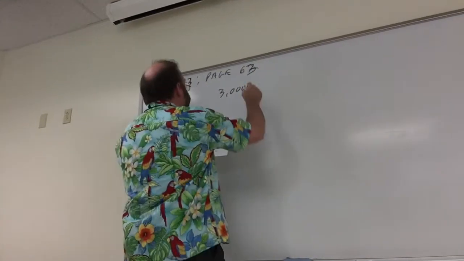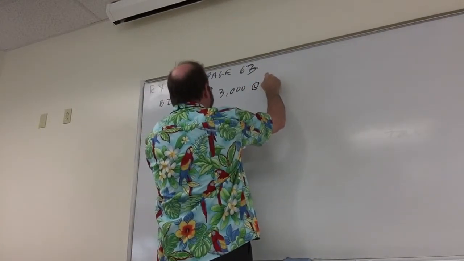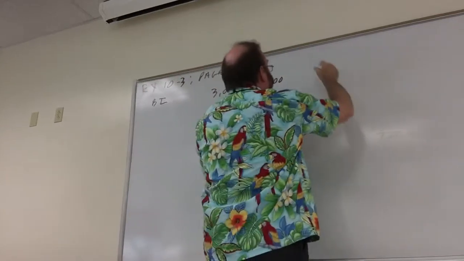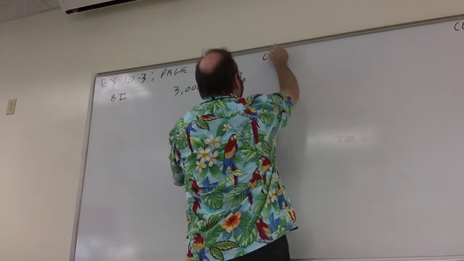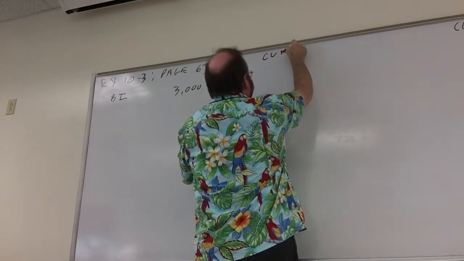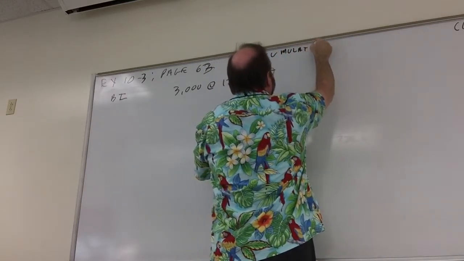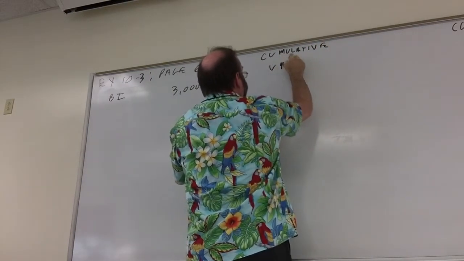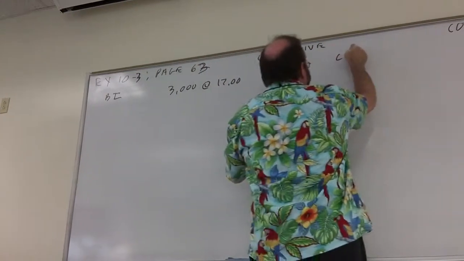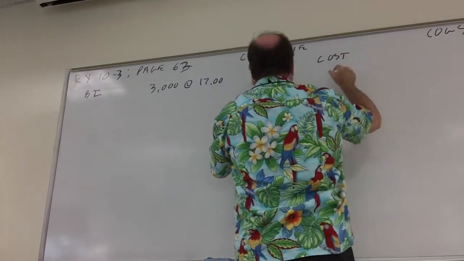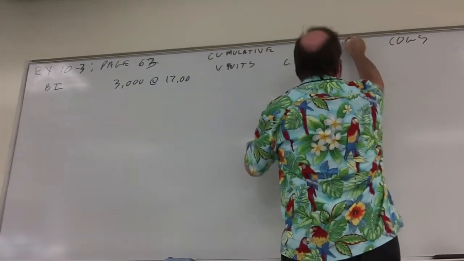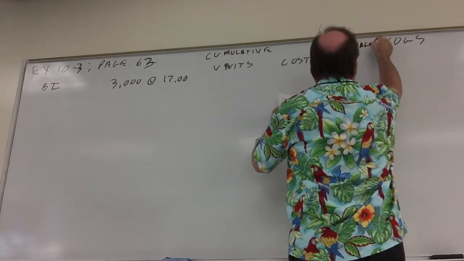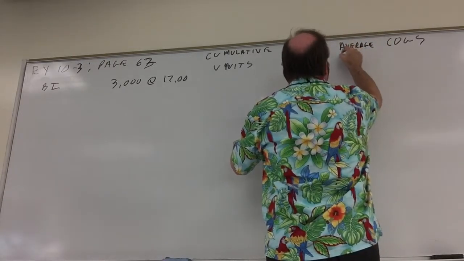So 3,000 units at $17. That gives us cumulative units and cost, and then average per unit.